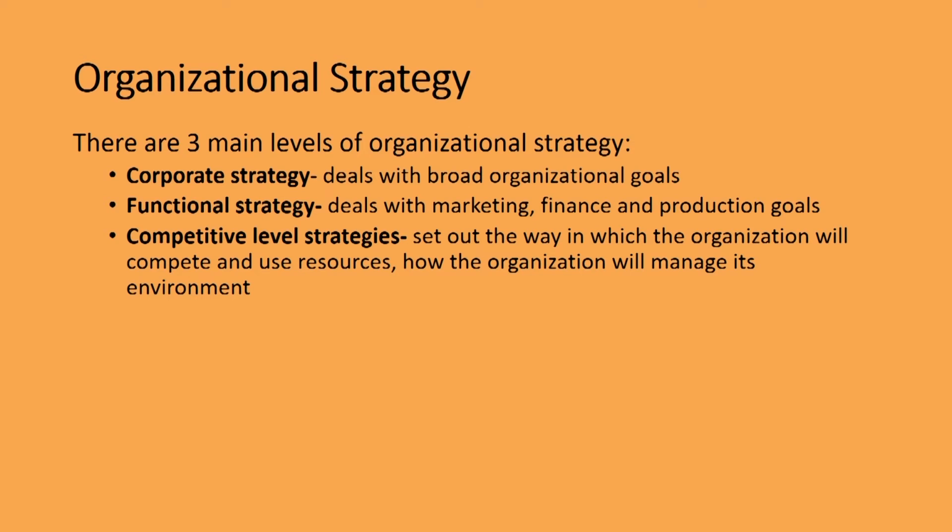Then competitive level strategies, these are the strategies that you develop that enable the organization to compete in whatever context it finds itself in, but also enable that organization to utilize resources and to manage its environment in an effective and efficient way.